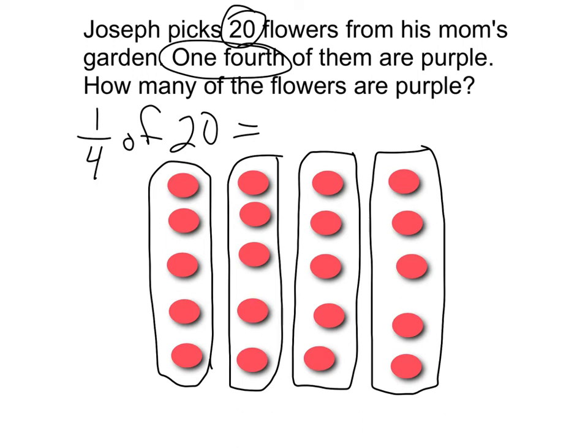Remember, we only want to look at one of the 4 groups. So by looking at one of the 4 groups, I see that there are 1, 2, 3, 4, 5 counters in one group. 1/4 of 20 equals 5. So Joseph picks 5 purple flowers.